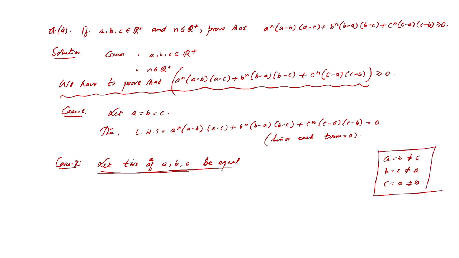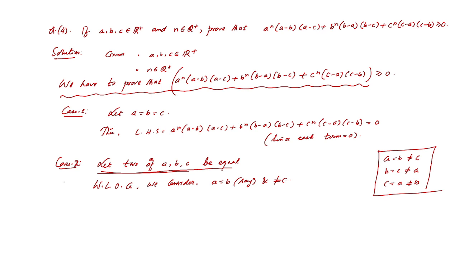But without loss of generality, we just consider a equals b, and both are not equal to c.